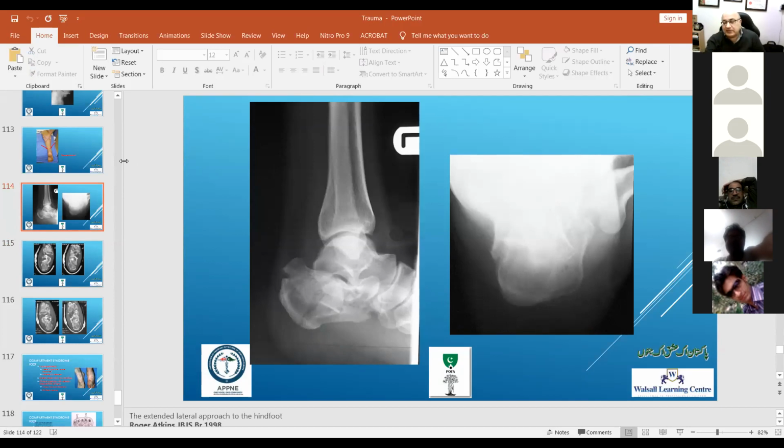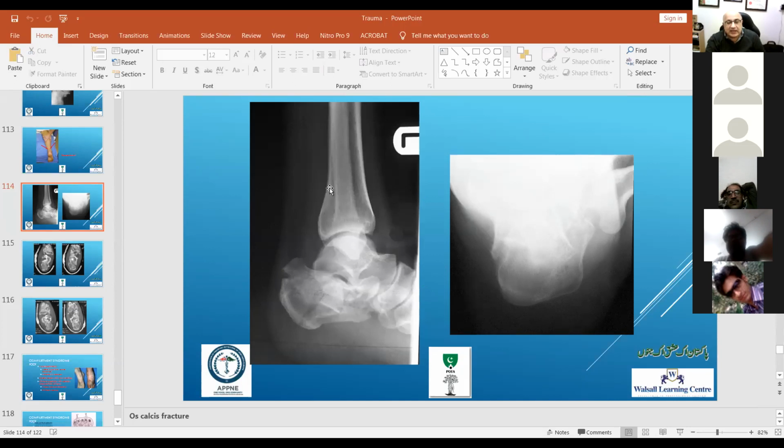Okay, this is an X-ray. This is an X-ray of a skeletally mature patient, AP and lateral view, showing the distal tibia, fibula and ankle joint. You don't have to say that in the exam.